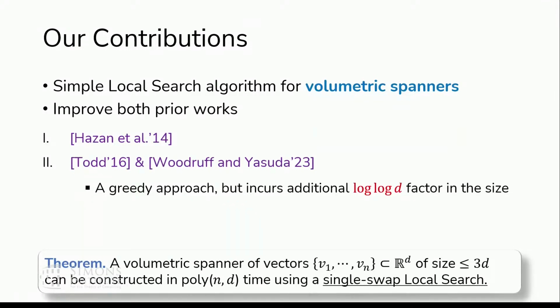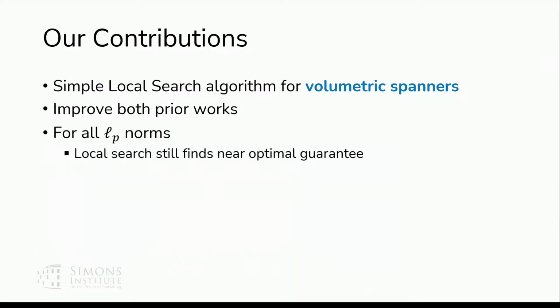Okay, and compared to the recent line of work by Woodruff, Yasuda, and Todd, they're losing a factor of log d. So clearly the size in this construction is better. And another thing is that we can show that this local search is actually almost optimal for all norms, not just L2 norm or L infinity.